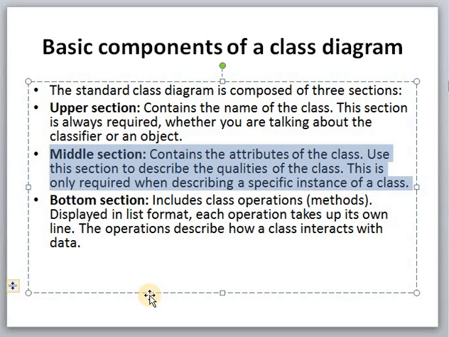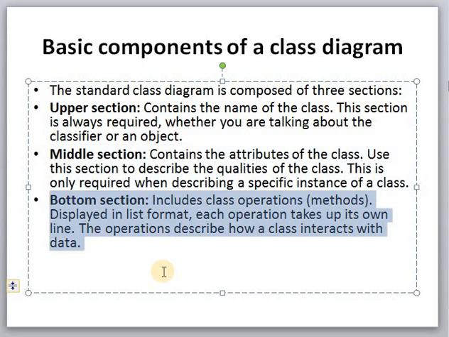Next we have the bottom section, which includes the class operations, or we can say the methods. Displayed in a list format, each operation takes up its own line. The set of operations describes how a class interacts with the data.